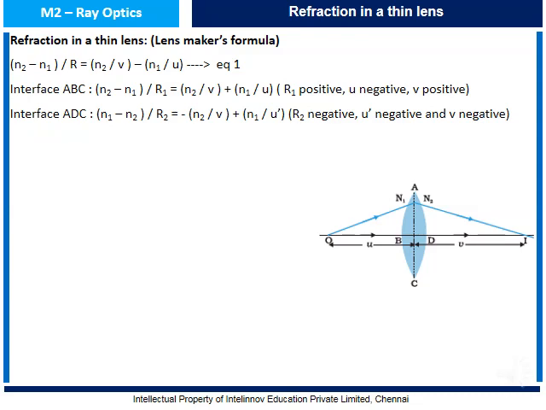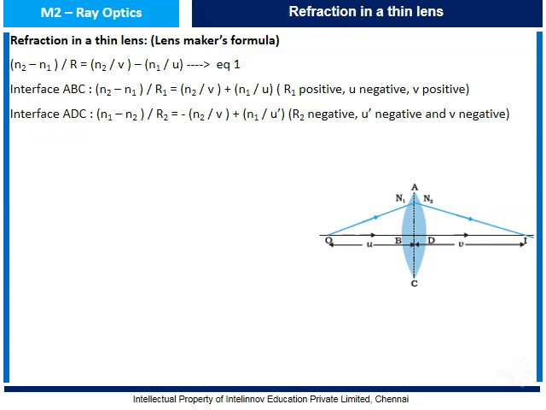And in this case, v is also negative, because the interface ADC serves as a concave mirror. You can equate this similar to a concave mirror. Thus R2, u dash and v are measured from the left side of this mirror.